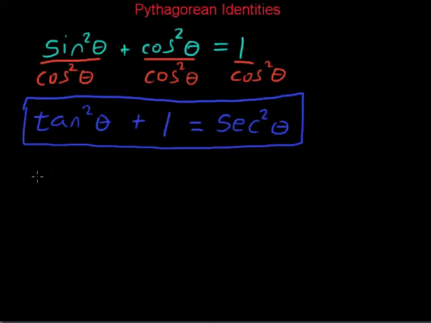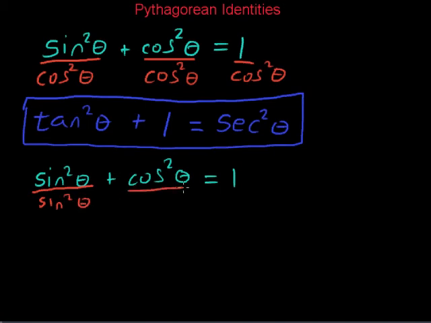Okay, that leaves us with one more to derive. Again, let's start with sine squared theta plus cosine squared theta equals 1. And this time, we're going to divide everything by sine squared of theta. Just like that, dividing both sides of the equation by sine squared of theta.